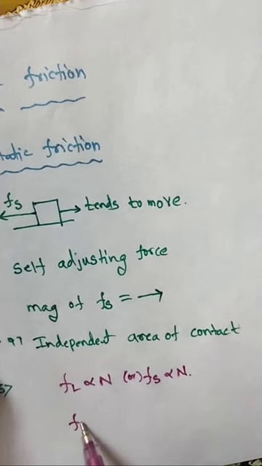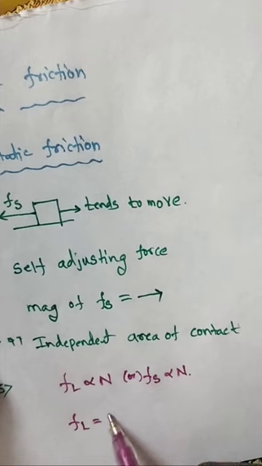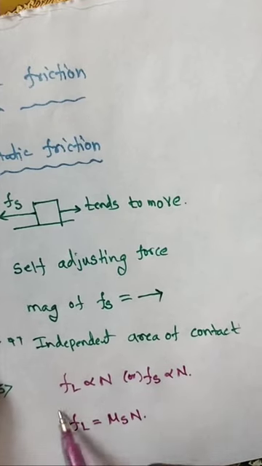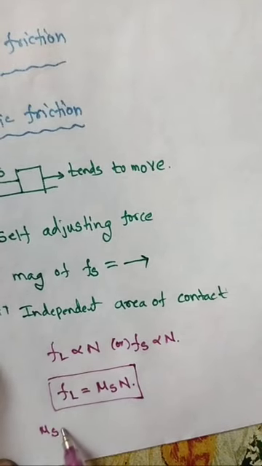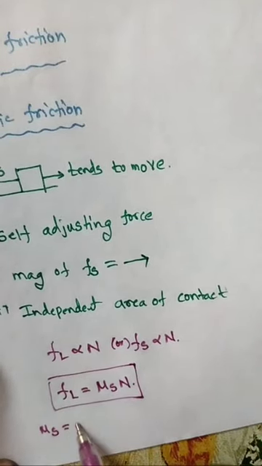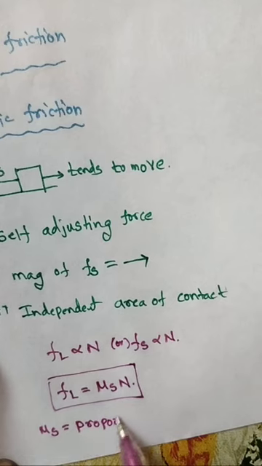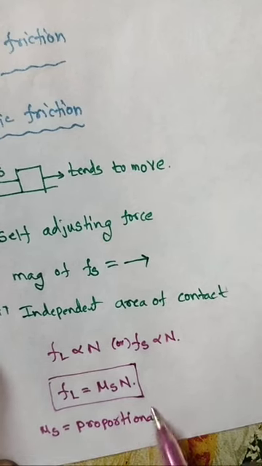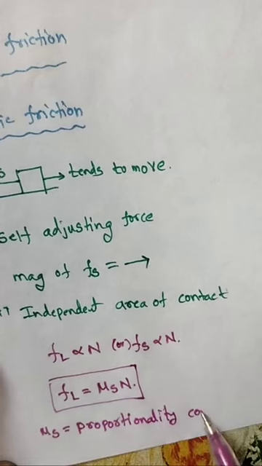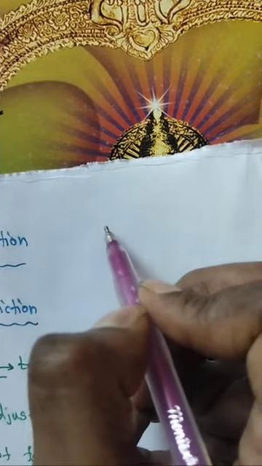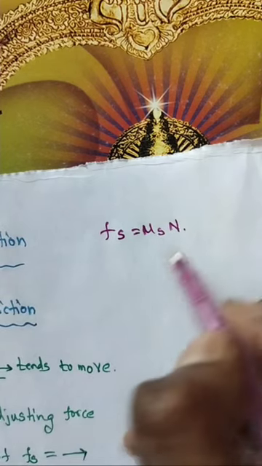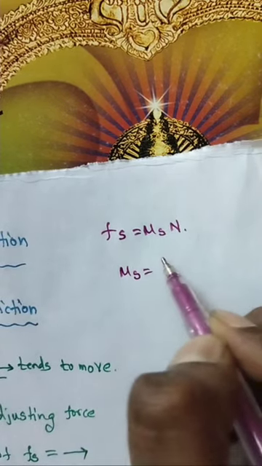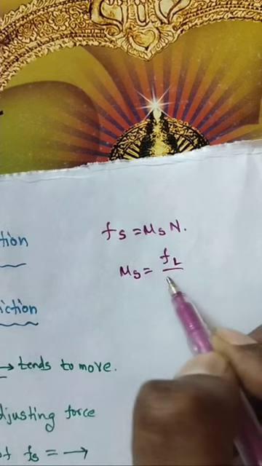So Fl is equal to mu s into N, where mu s is the proportionality constant. So Fl or Fs is equal to mu s into N, where mu s is equal to Fl or Fs by N.